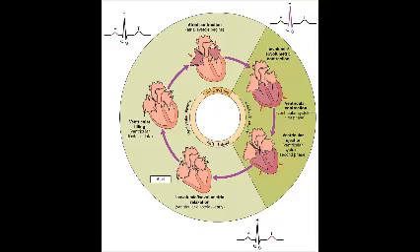You know how you're supposed to have leaflets that open and close smoothly? The area where the leaflets of your valves connect or come together is called the commissure. Okay? They're called the commissure. And there are some patients who are born with their commissure fused together.